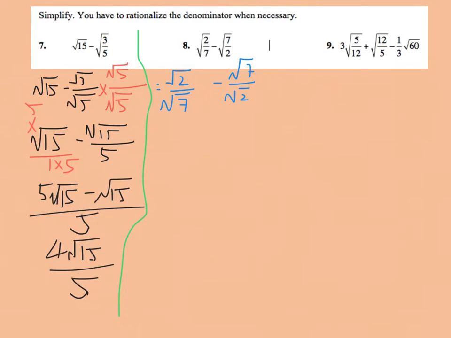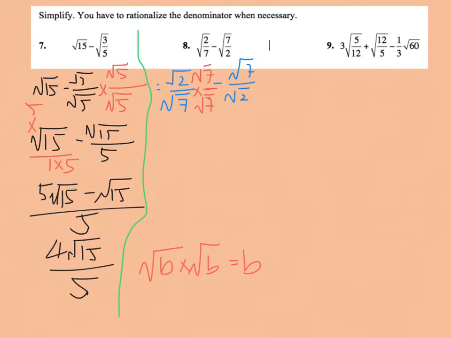So let's think about root 7. What can you multiply root 7 by such that you can get a rational number? So we know that we can apply the property of root b times root b will give me b. So I will multiply by root 7, and in order for us not to change the value of this expression, I need to put root 7 over 7.